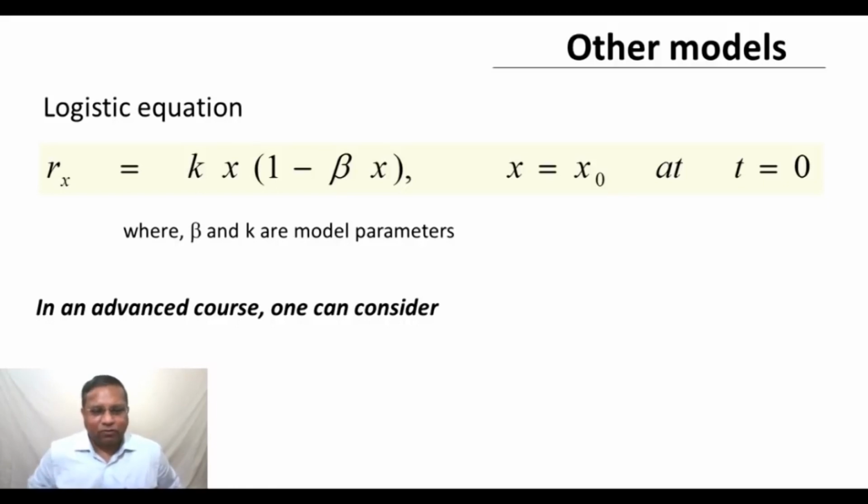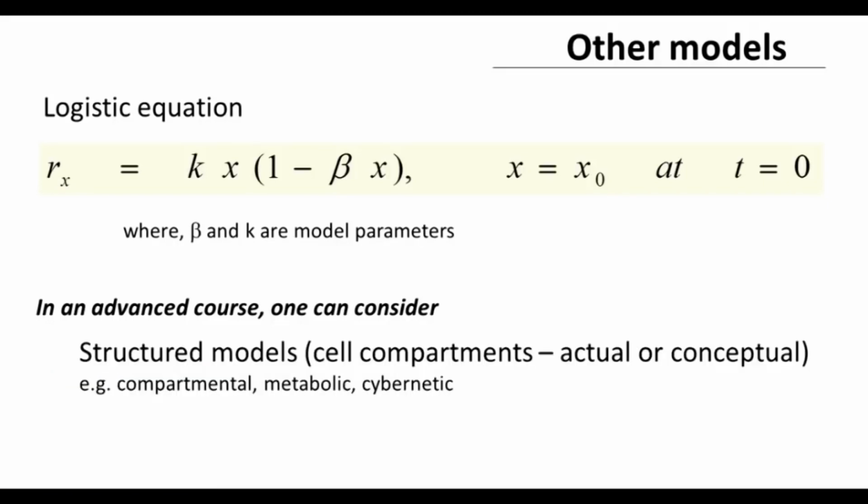And in an advanced course, one can consider structured models, which essentially take into account compartmentalization in the cell. They could be actual compartments such as the nucleus, the mitochondria, and so on, or they could be even conceptual.